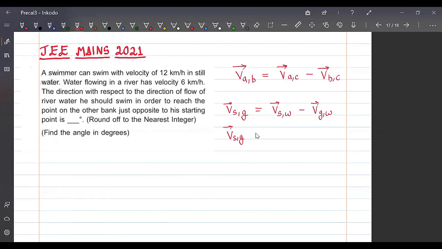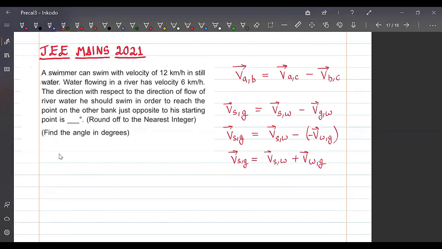Velocity of swimmer with respect to ground is equal to velocity of swimmer with respect to water, and this will be velocity of water with respect to ground. If you have changed the relative, then I'll put a negative sign. So what we're getting is an enhanced formula for this question: velocity of swimmer with respect to ground is equal to velocity of swimmer with respect to water, plus velocity of water with respect to ground. That means these two vectors will add up to give velocity of swimmer with respect to ground.